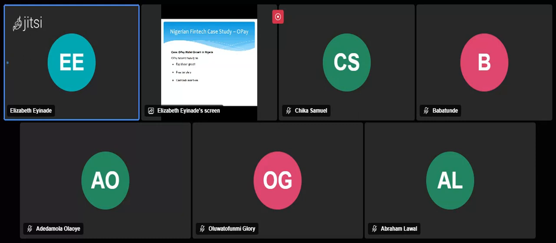If we look at OPay very well, you will know that what they focus on is growth. Then they focus on free transfers. You transfer, they don't receive money for this. It's free of charge.